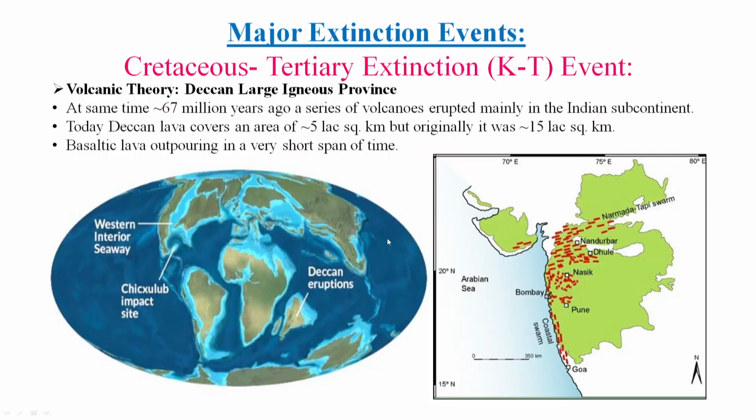Similarly, people have postulated that the mere scale of the Deccan trap basalt is very similar to that of the Siberian trap.